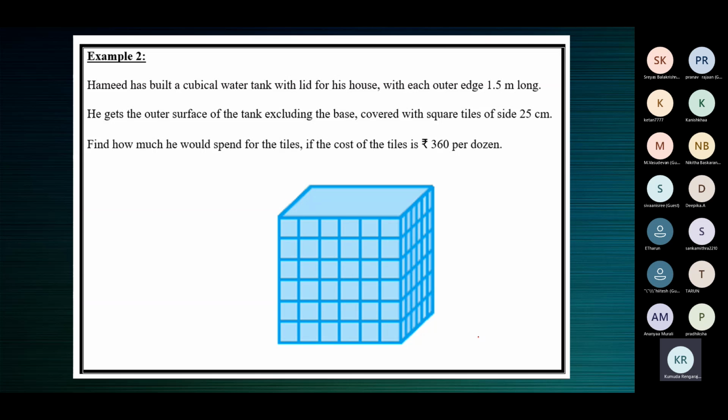The base will be inside the tank, so he does not tile it. He tiles up the five outer surfaces: the four side walls and the top, which is the lid. So CSA plus area of the lid, that is the area of the top. That's one thing we'll have to find.